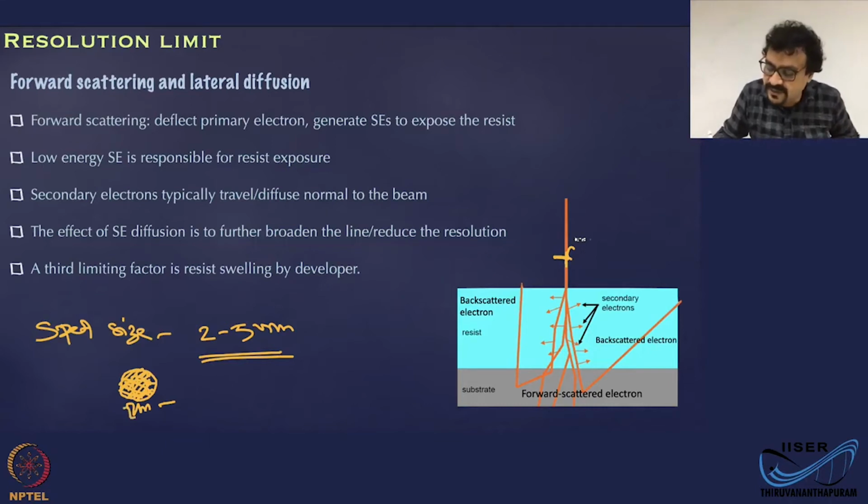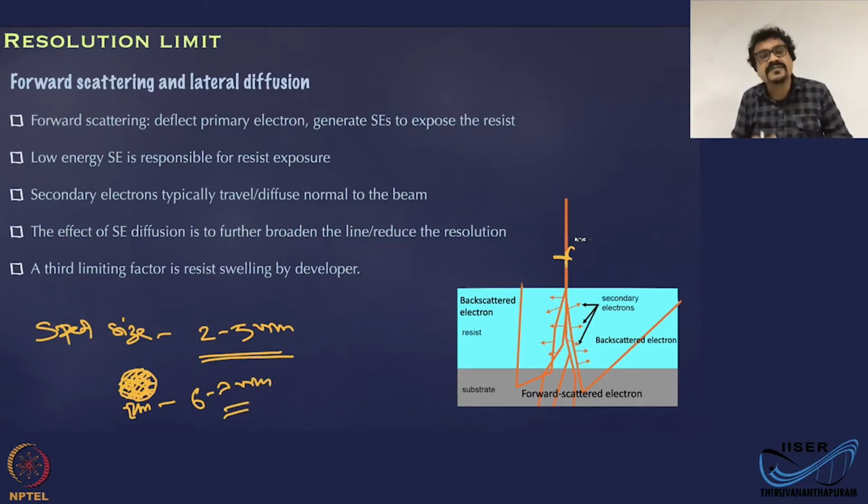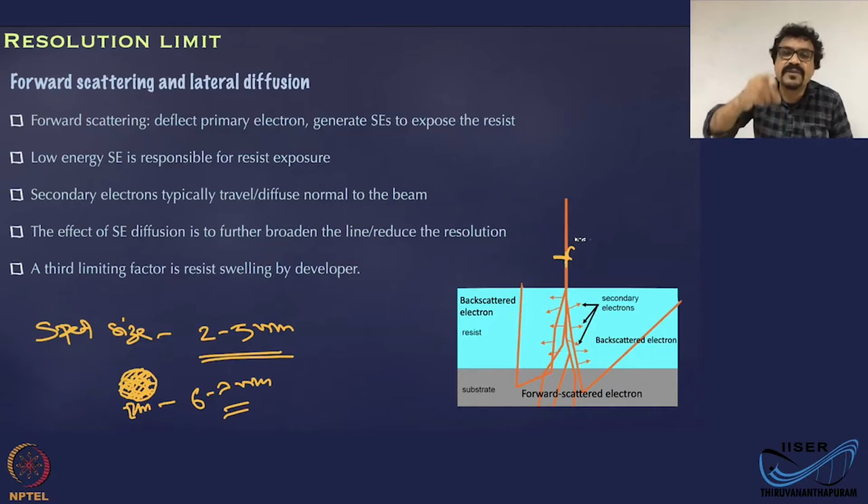If you define 2 nanometers as spot size, eventually you will probably get 6 to 7 nanometers as the feature size. You have to add a few more nanometers to that. So it's not just the area where the primary beam has bombarded, also a circumference or an area around it will get exposed, by the secondary electrons.